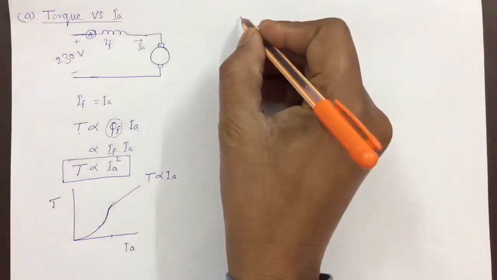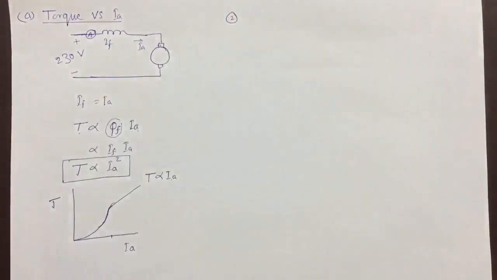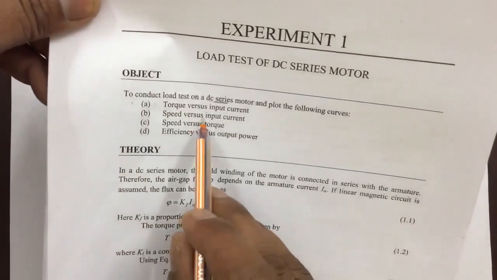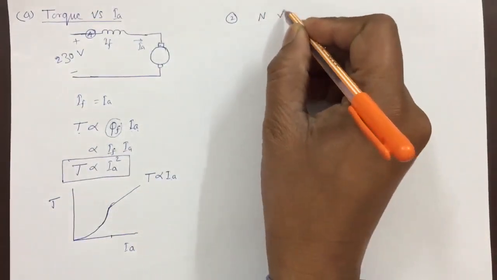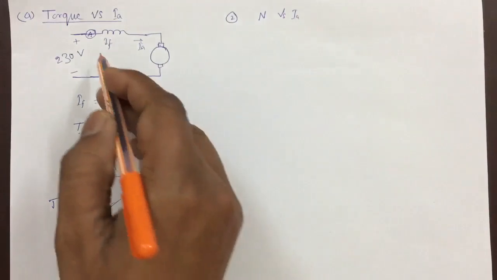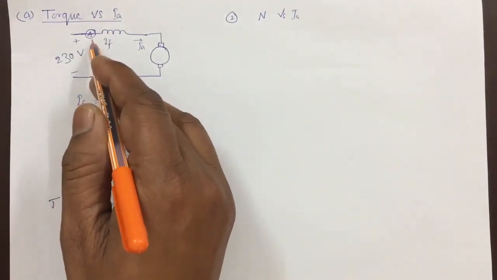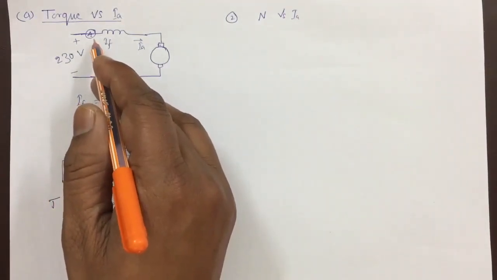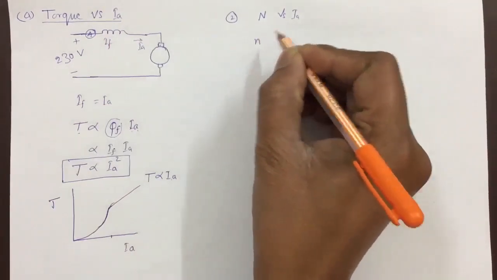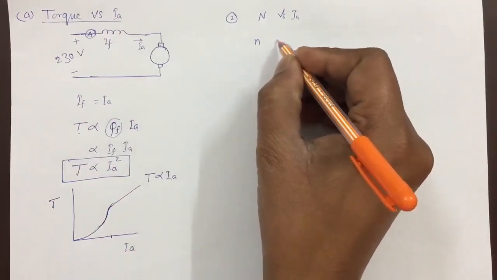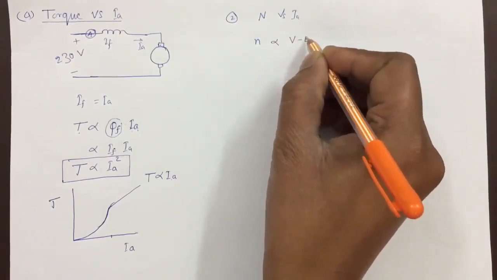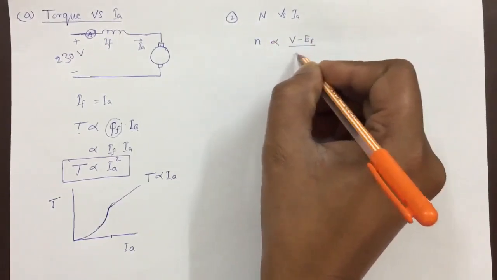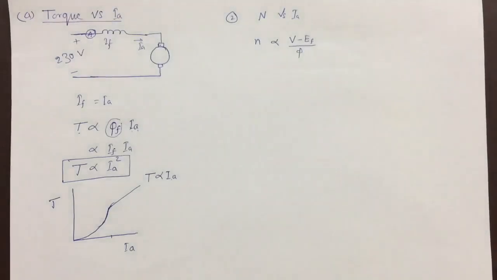Second thing, that is the objective, speed versus input current. IA we have measured from the current meter, that is known as ammeter here. And we know in DC motor, speed is proportional to V minus back EMF divided by flux, a well known formula.